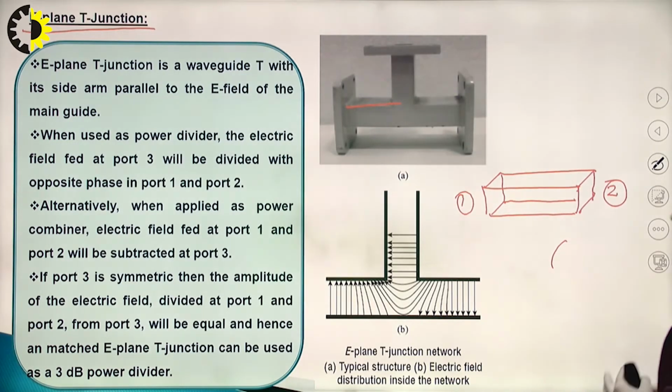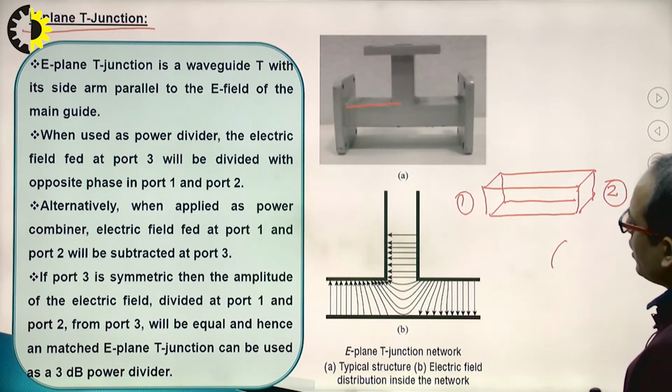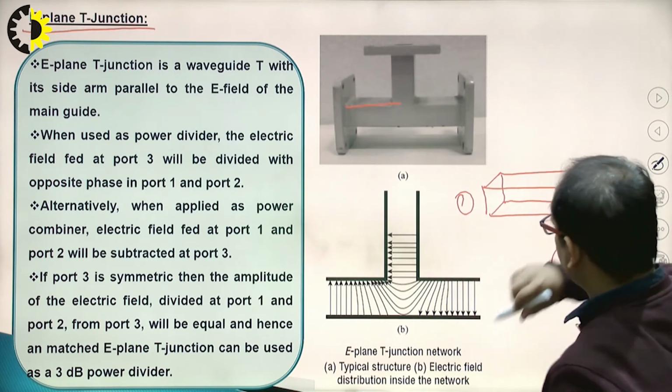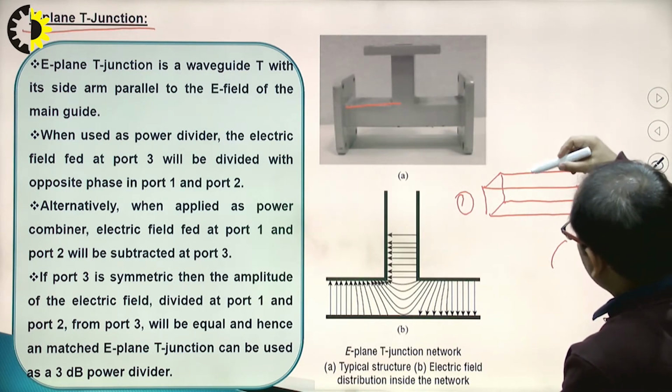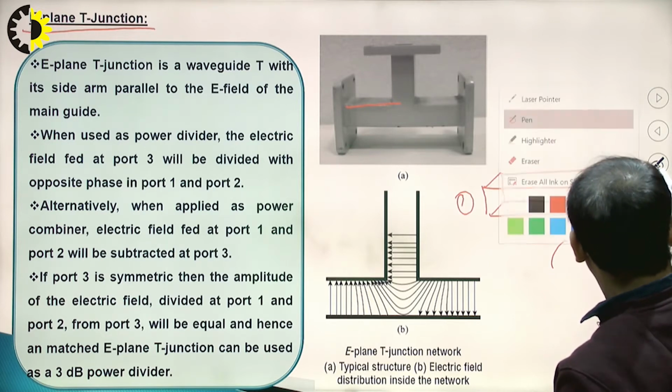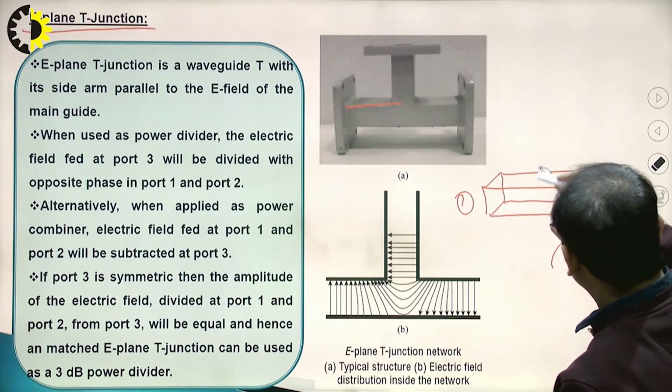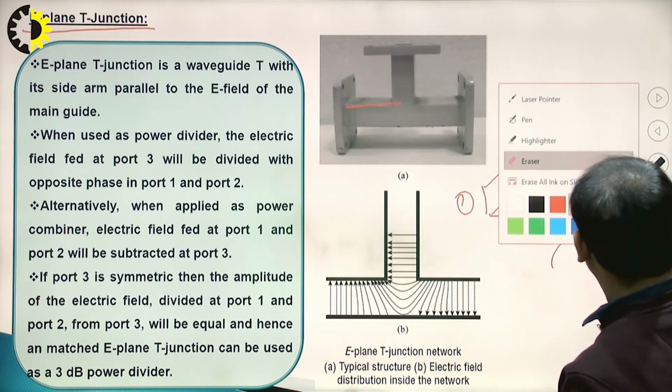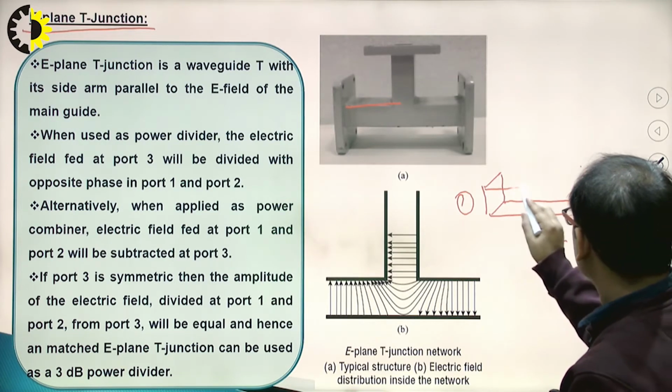This is a normal rectangular waveguide. Now if I want to make it into a T junction, I will just add another port to this one.